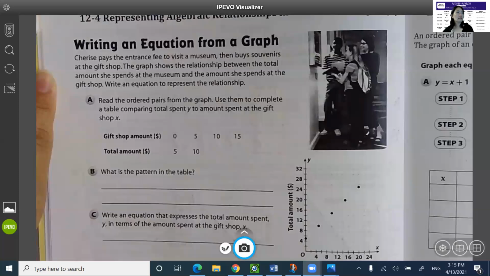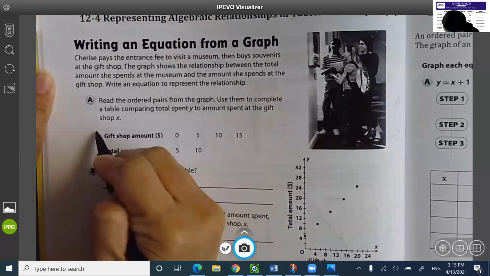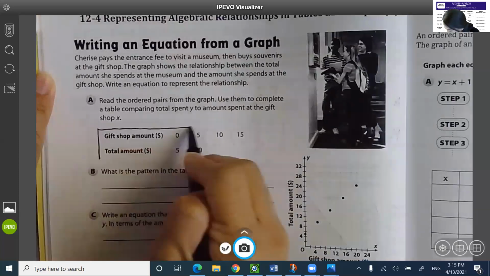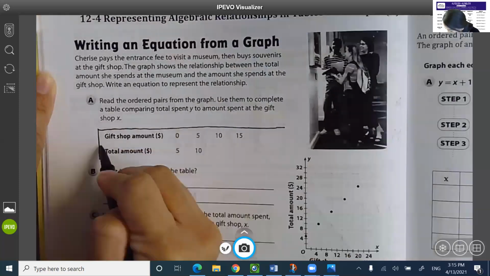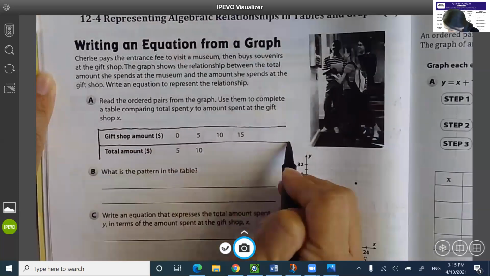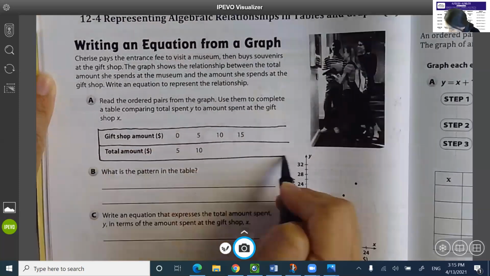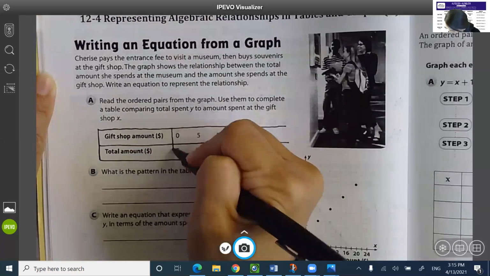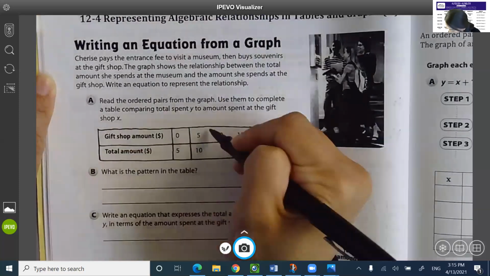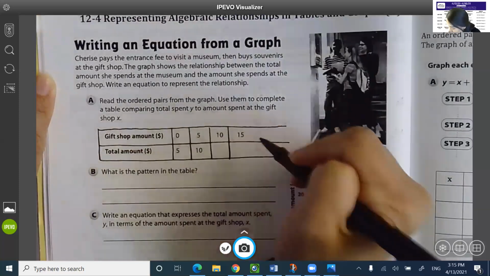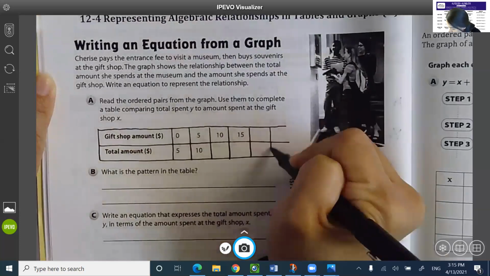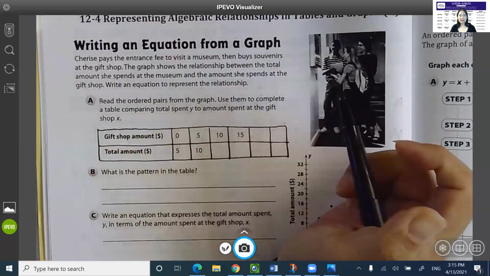So what I would like for you to do is if you can make a table like this, okay? So then here's 0, 5, 5, 10, 10, 10, 15, and maybe we'll do just a couple more, okay?